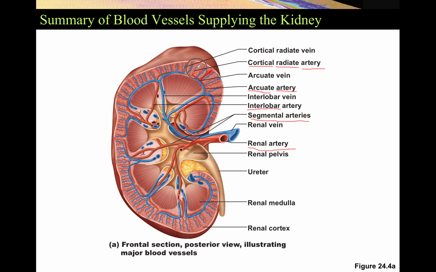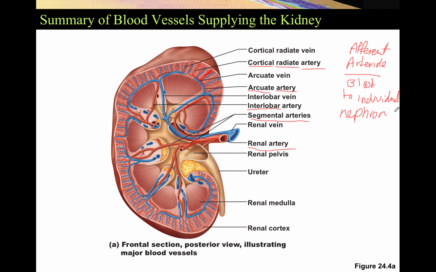So if you go a little bit deeper, you see these tiny branches coming off right here. And these tiny branches you see in red are identified as afferent arterioles. I'm going to write them down. This is a microscopic structure. So they're called afferent arterioles. And their job is to provide blood to individual nephrons.